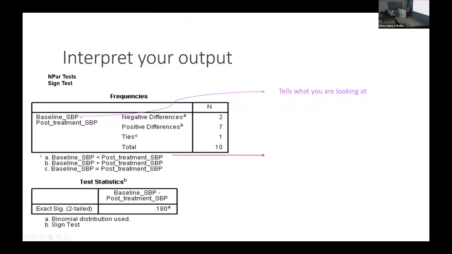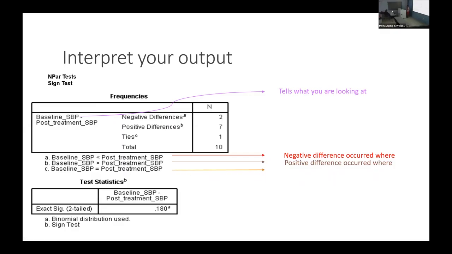Below the table, it tells you what that superscript A means. It says that negative differences occurred where baseline SBP is less than post-treatment SBP. And then there's B beside positive differences. It says that positive differences occurred where baseline is greater than post-treatment SBP.